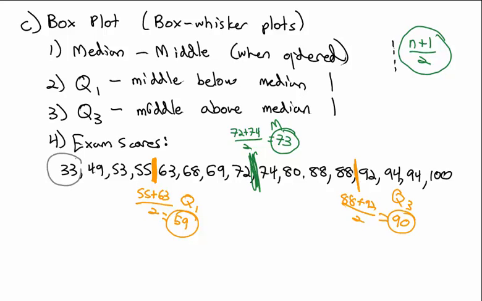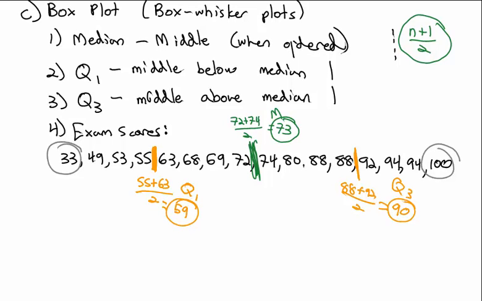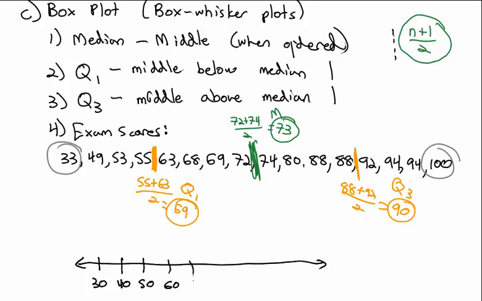Also of interest to us are the low and the high values as we make our box plot. So here's a number line. So let's go 30, 40, 50, 60, 70, 80, 90, 100.